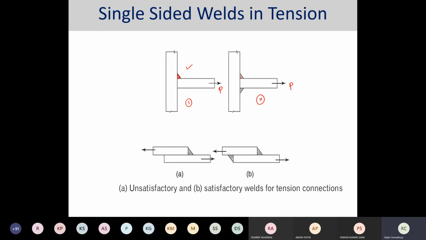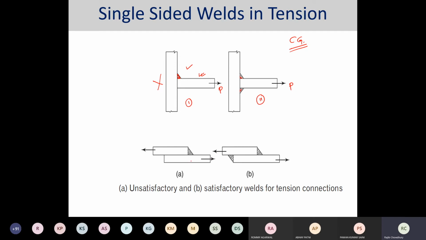In case 2, both sides are being welded. This welding is unsatisfactory. Why? Because again the coinciding of the CG matters over here.